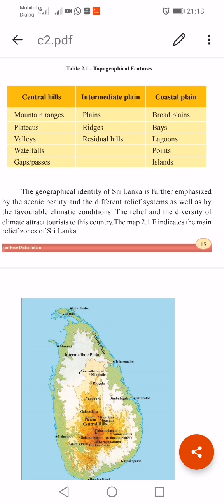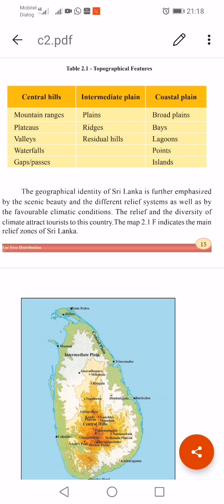Here you can see that it is divided into three different features, right? One is central hills, the other one is intermediate plain, and the last one is coastal plain. In central hills we can see mainly mountain ranges.